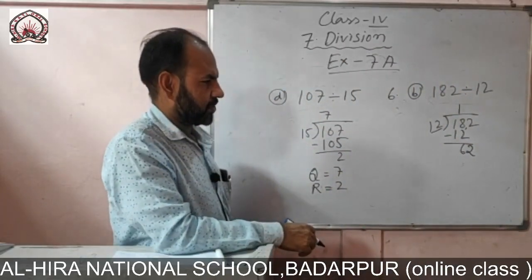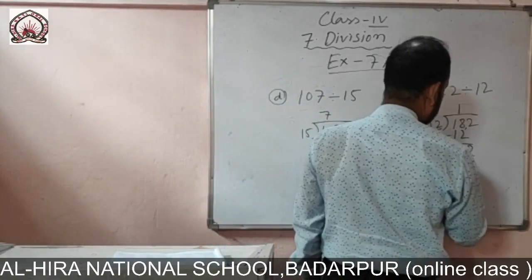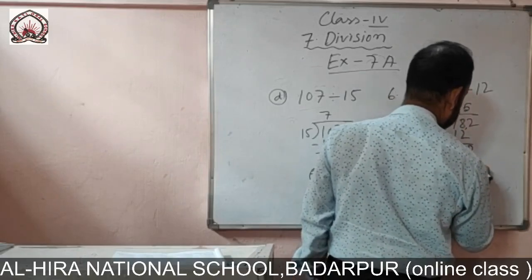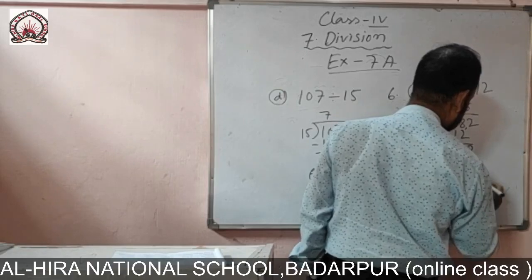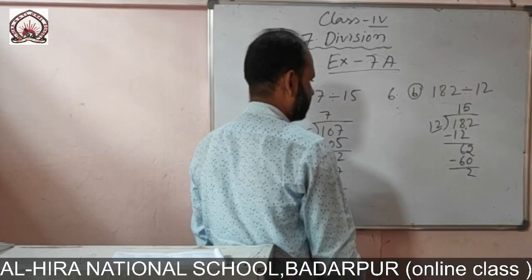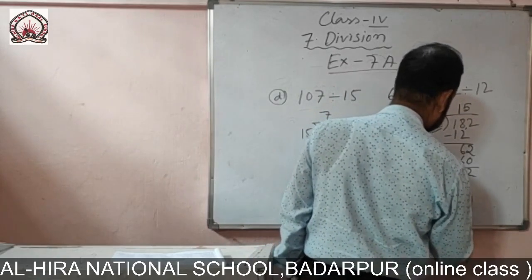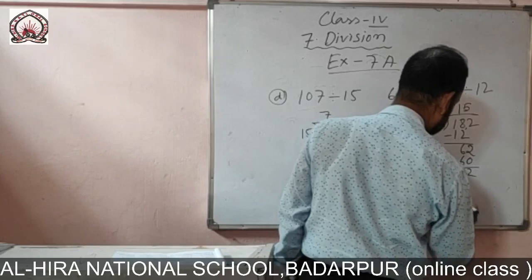We know 12 5s are 60. There remain 2 as a remainder. So here Q equal to 15 and R remainder equal to 2.